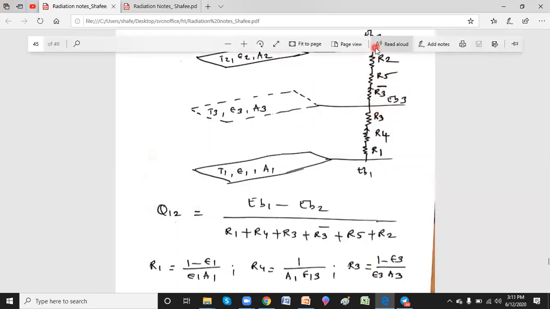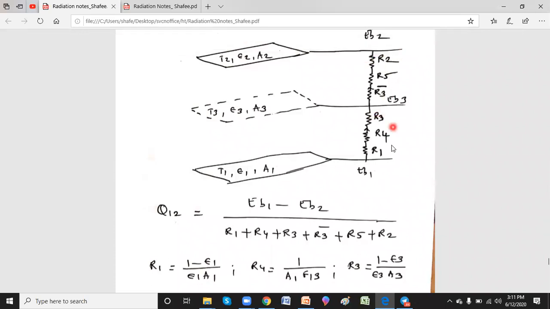R2 is near the second surface, and the remaining shape factor resistances are R4 and R5. This is how I can denote the total resistances available for the radiation heat transfer from 1 to 2. Now, what is the net radiation heat transfer? EB1 minus EB2 divided by the combination of all the resistances, where R4 and R5 are shape factor resistances, and R1, R3, R3 bar, and R2 are called surface resistances.